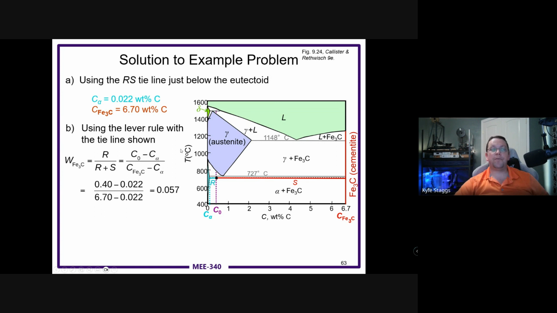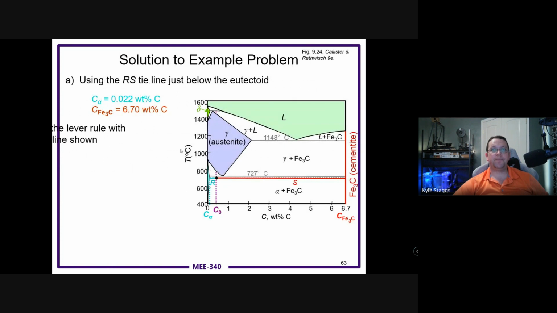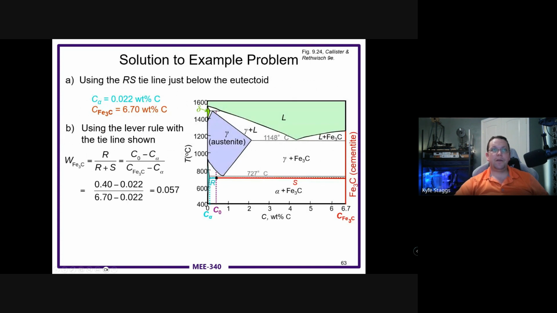At 0.4, which is what was given to us here at 0.4% carbon, that's our C0. So 0.4 minus our 0.022, where alpha happens, gives us our R. This is an important formula to remember as well, because this will give you the information that you're looking for.